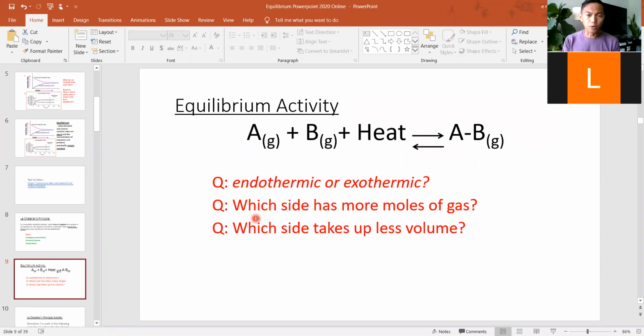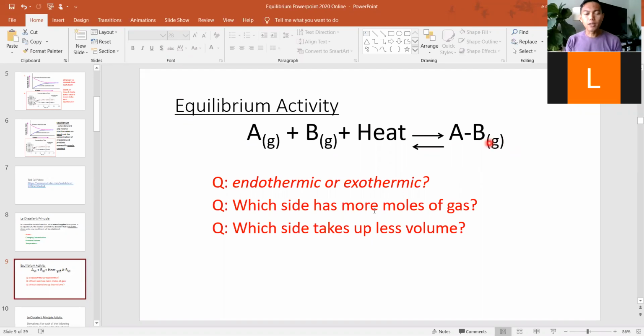So in this example, we have 1 mole of A and 1 mole of B, making 2 moles of gas on the left side, but there's only 1 mole of AB on the right side. So between the two sides, we have 2 moles of gas here and 1 mole of gas there. I'm pointing it out for a reason, because when we get through each of the examples, that could be something we have to factor in making our decision.